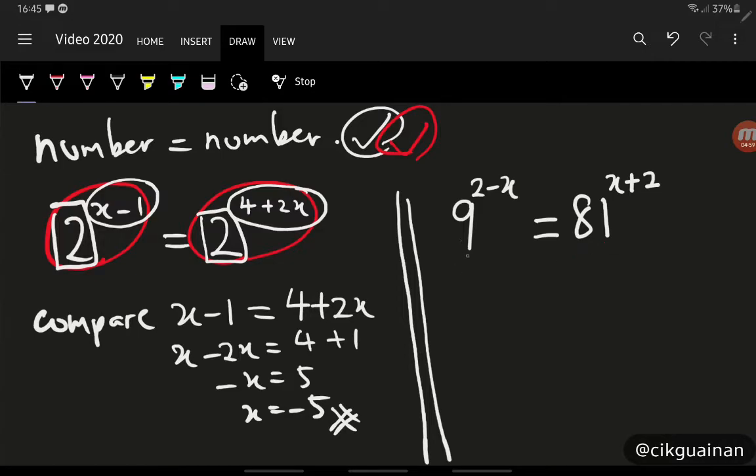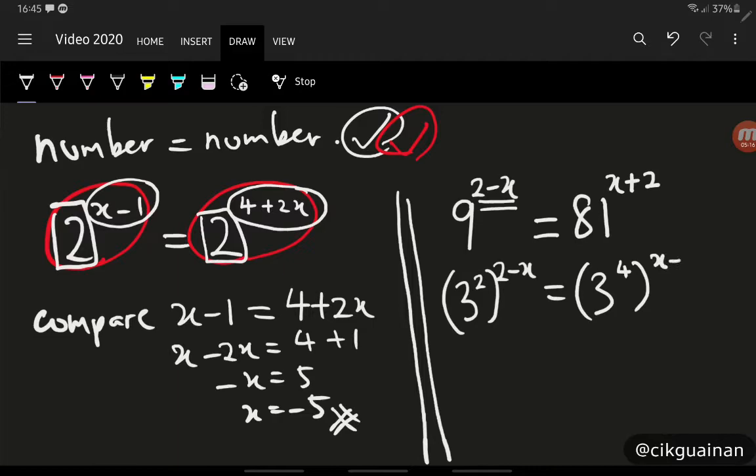So as we know, 9 is 3 squared, and then put bracket, and then just copy the power over here, 2 minus x, equals 81 is 3 to the power of 4. And then put bracket, don't forget, x plus 2. Before we can compare, we have to do something over here.